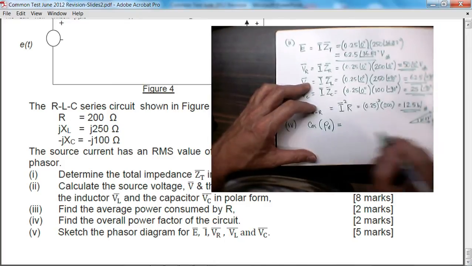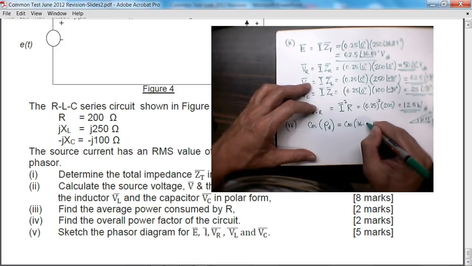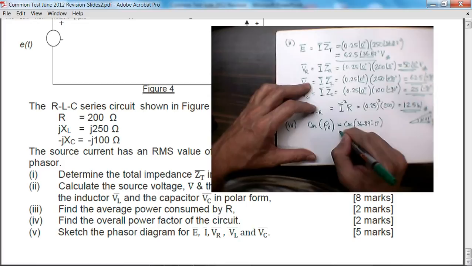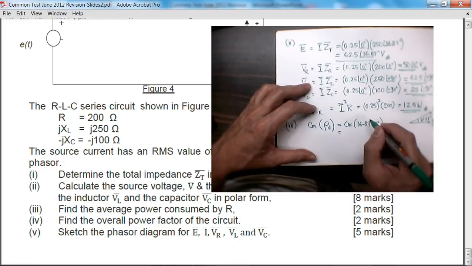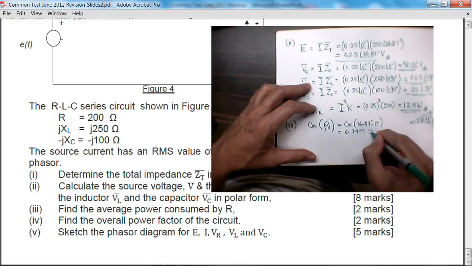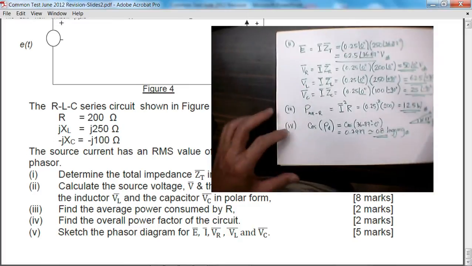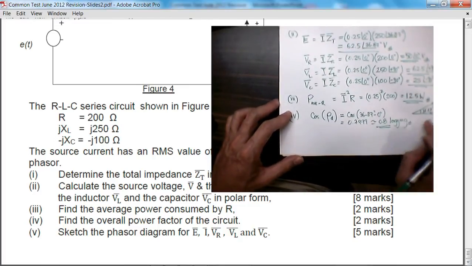Hence, the power factor is cos of 36.87 degrees minus 0 degrees. That gives us 0.7999, so that's close to 0.8, lagging. Why lagging? Because the voltage is leading the current. We always look at the point from current, so in this case the current is lagging.